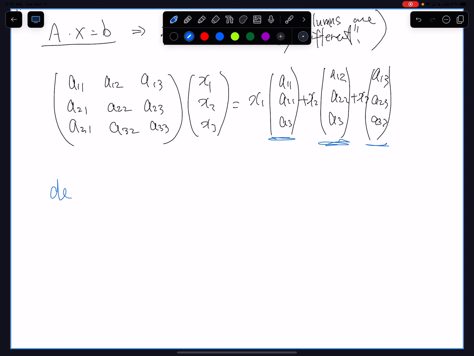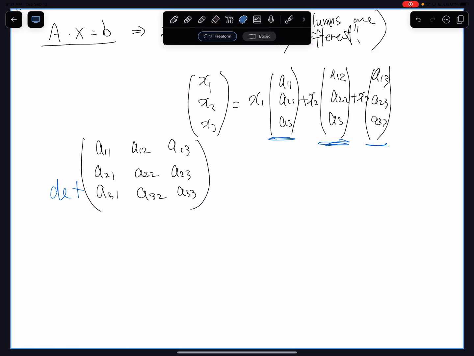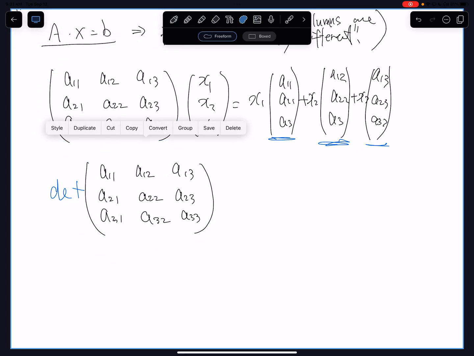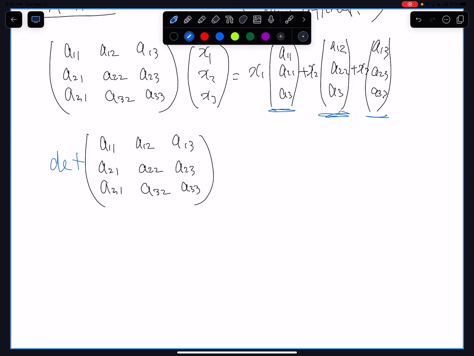The so-called determinant of a matrix. So we're going to define this one. But before defining this one, we're going to define the determinant of the 2 by 2 matrix with entries A11, A12, A21, A22. I'll use different characters. So let's say alpha.